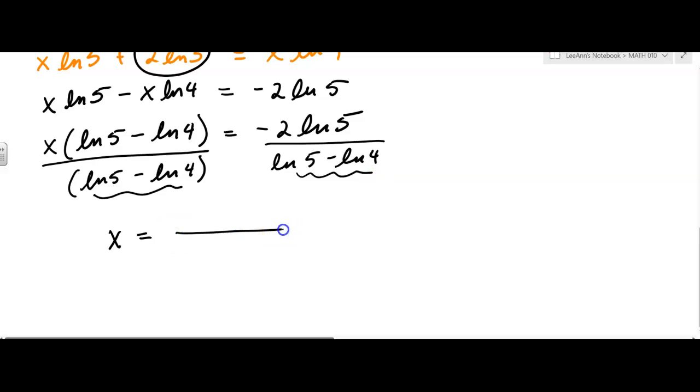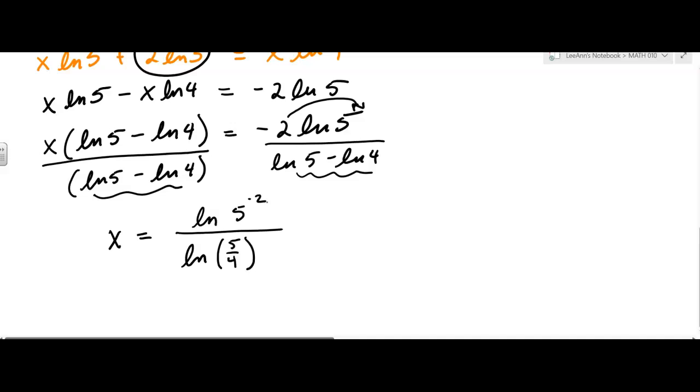So we're going to write the denominator as the natural log of 5 over 4. And then in the numerator, this we're going to kick back up to its exponent spot and write the natural log of 5 to the negative 2.